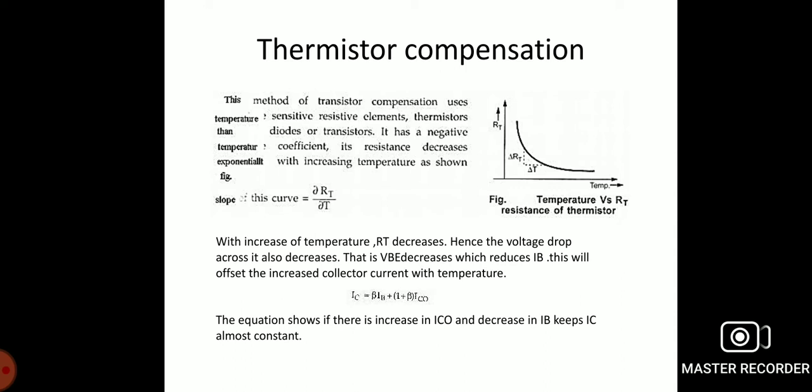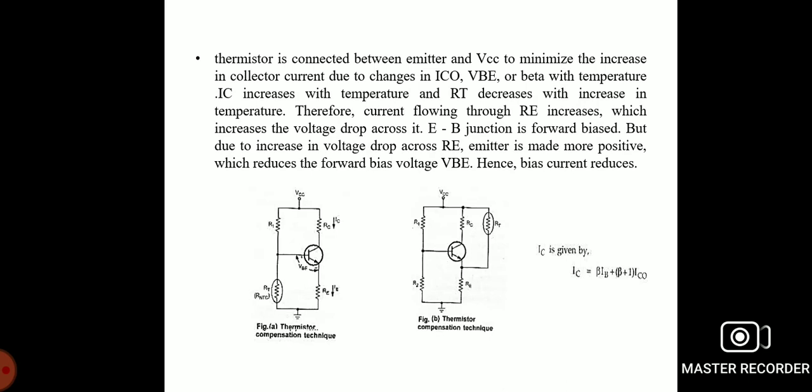The thermistor is connected between the emitter and VCC to minimize the increase in collector current due to changes in ICO, VBE or beta with temperature. We can see IC increases with temperature and the thermistor resistance decreases with increase in temperature.